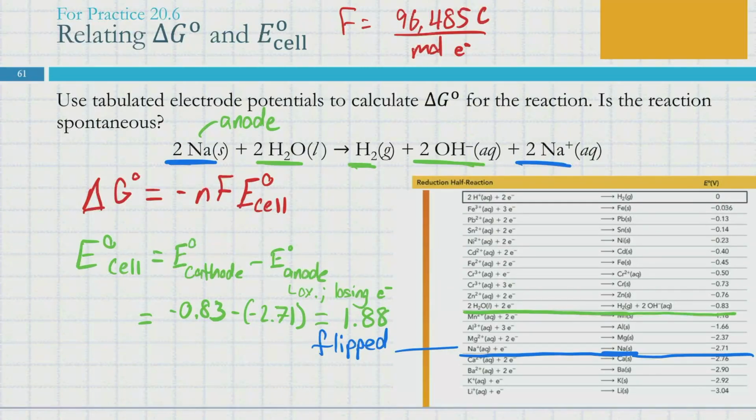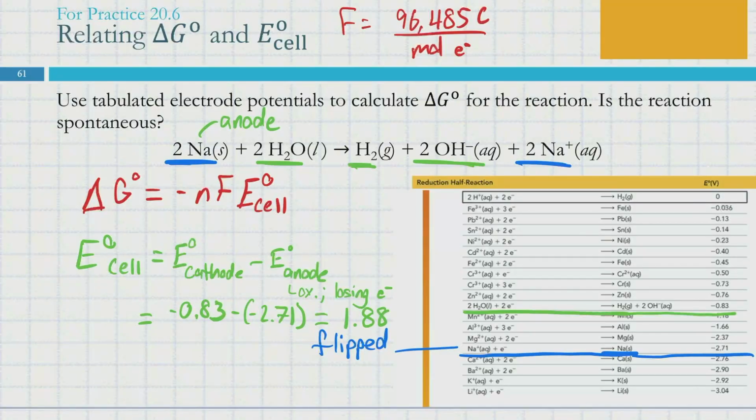That's one way of doing it. The other way of doing it is we've got H2O going to H2 and OH minus. That's the direction that we've got it written in, underlined in green. So that one's going to be negative 0.83. Our other one, sodium going to sodium plus, is below it, and it's flipped. Since it's flipped, we just change the sign on the 2.71.